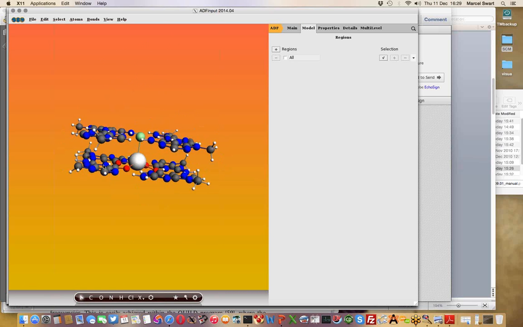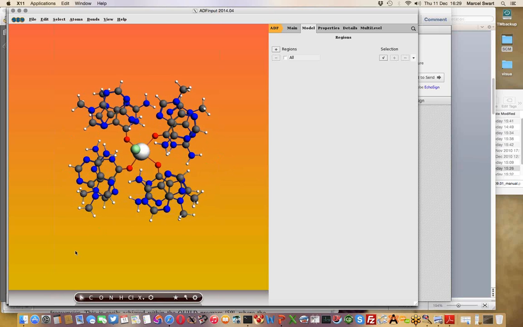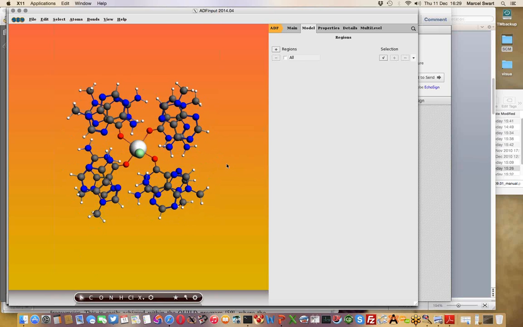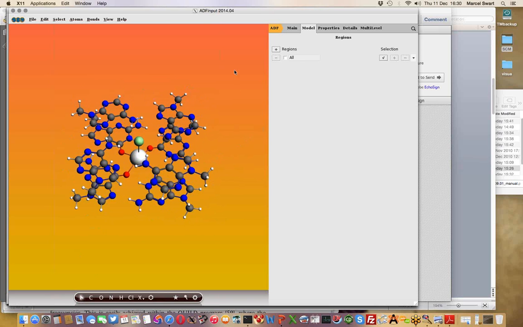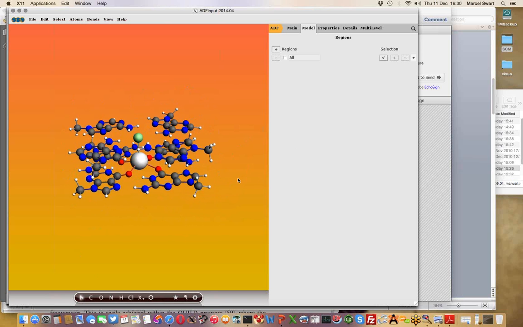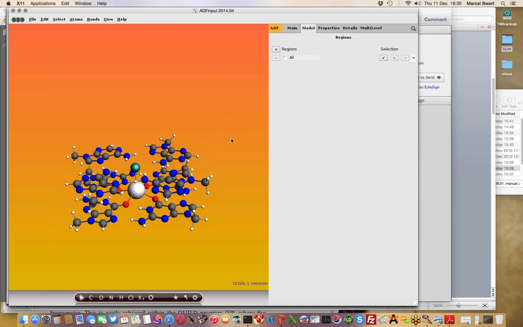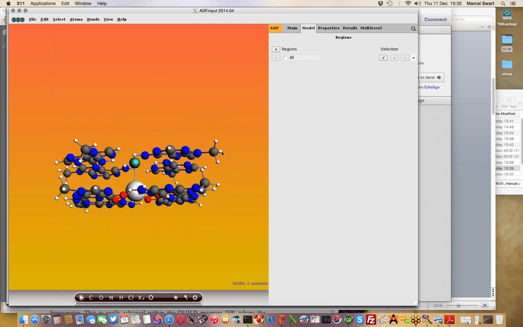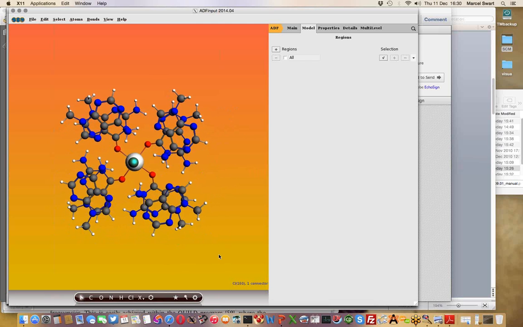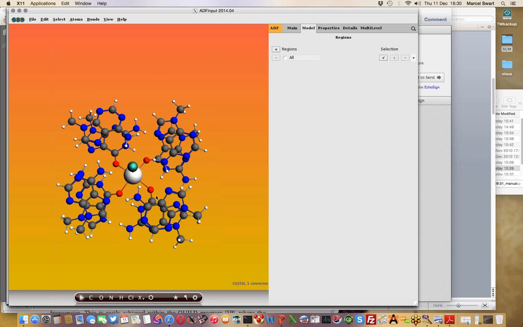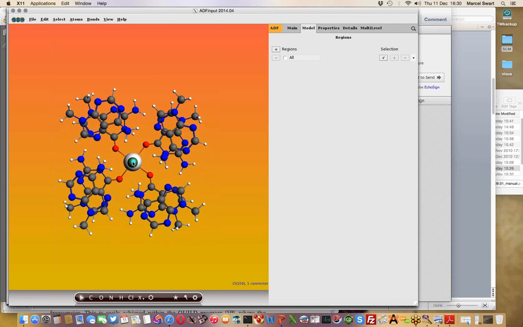You have this system of guanine quartets and adenine quartets, and you have here a sodium cation and a chlorine, and this whole system has C4 symmetry. In the middle you have the symmetry axis, which has C4 symmetry.